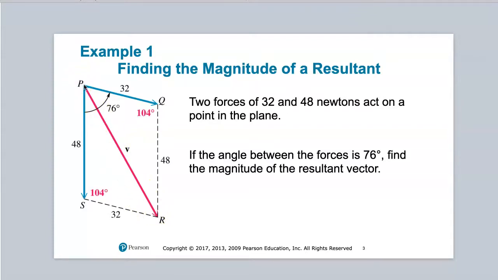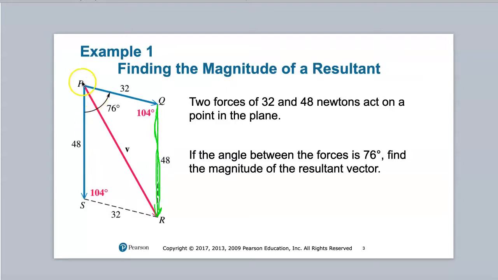Before, in the other lecture, I had said head to toe for the vectors. So if you were to draw the 48-pound vector along this side, it's the exact same vector because it has the same magnitude and the same direction as this other side.